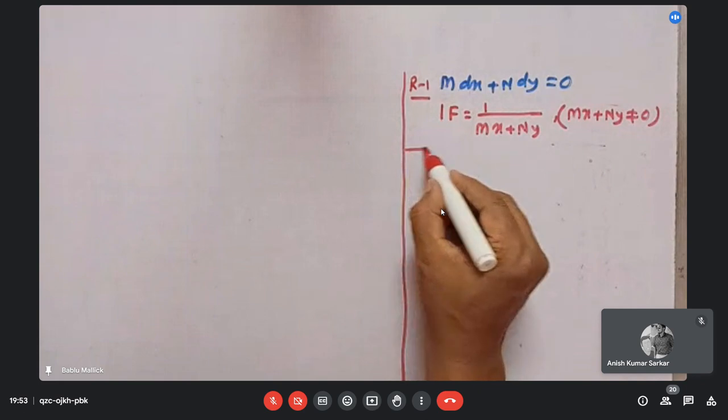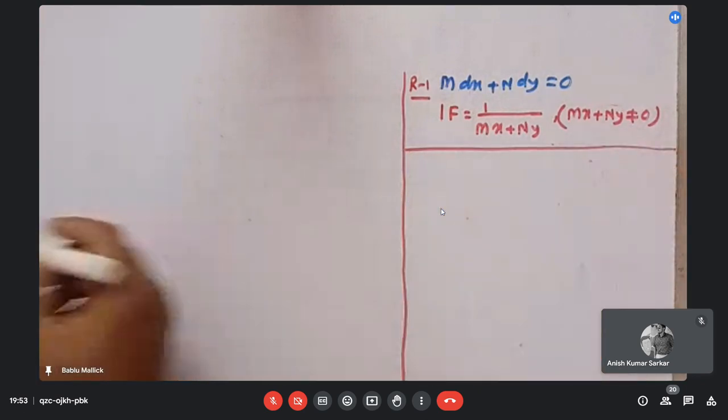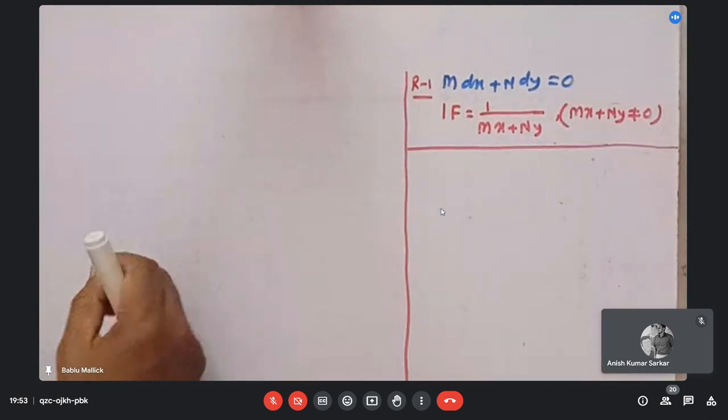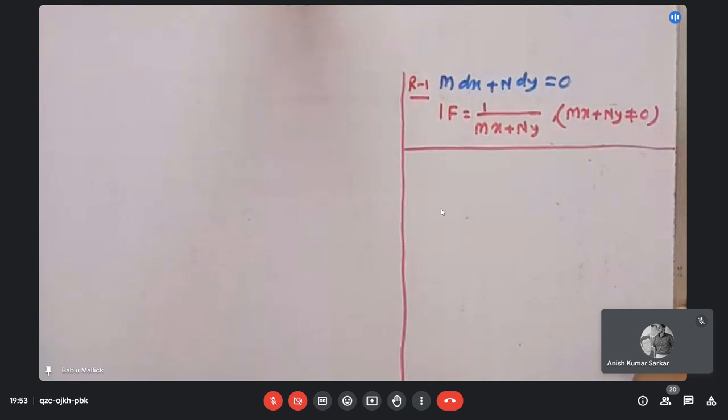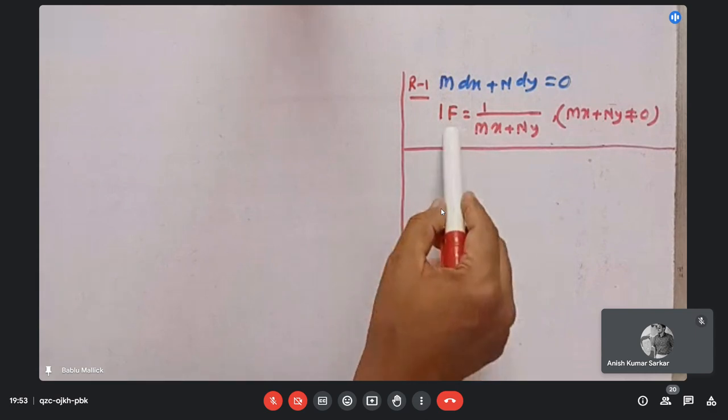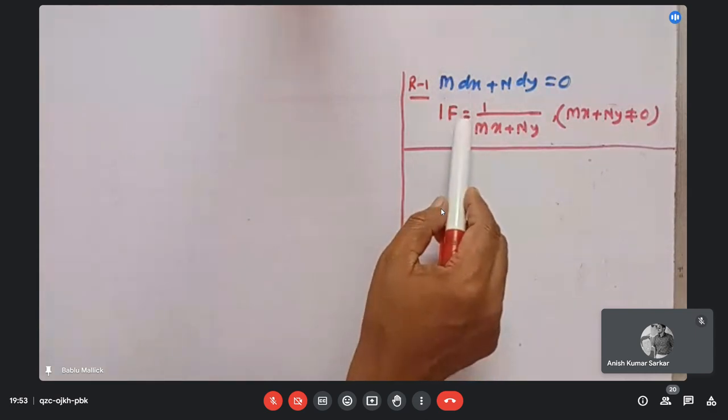This is rule 1. So if a differential equation is not exact but it is homogeneous, then its integrating factor will be this.